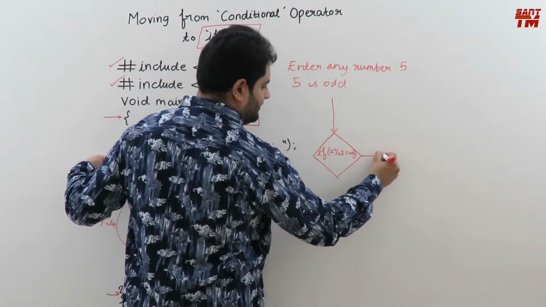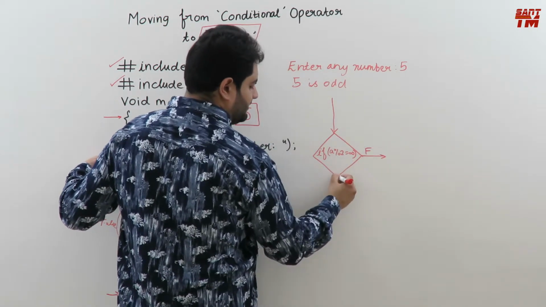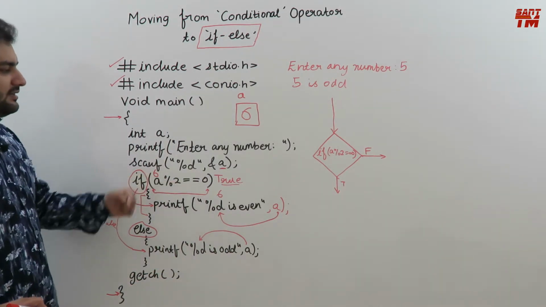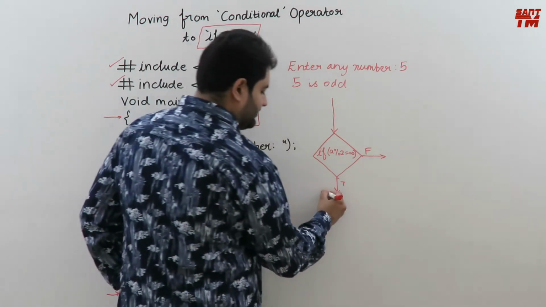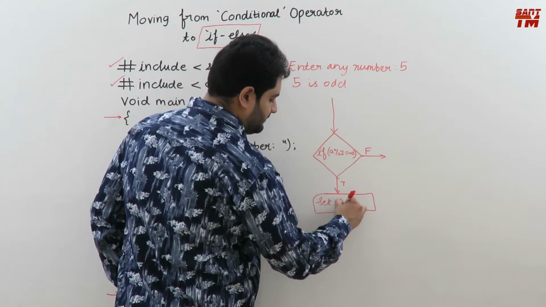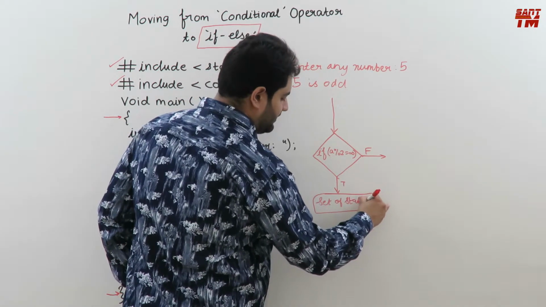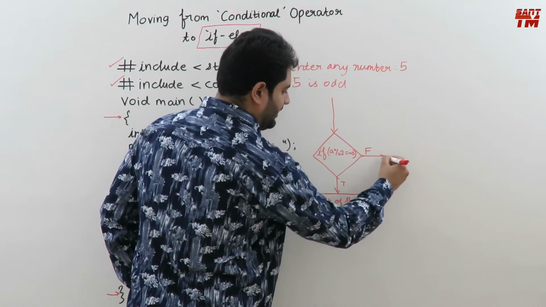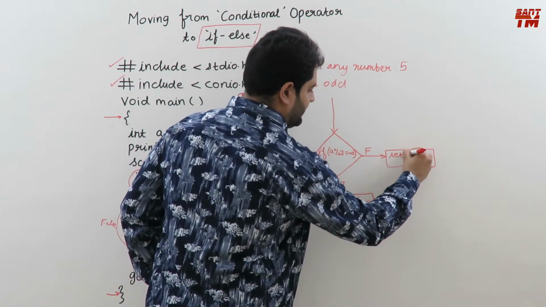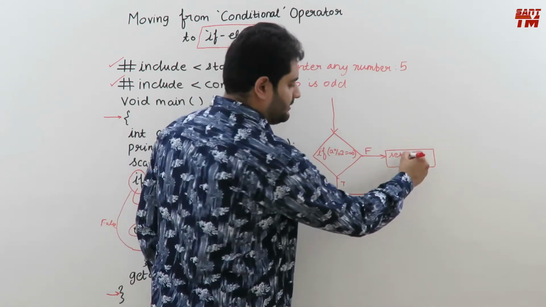Now this condition can be false or this condition can be true. I have two paths to follow. If the condition is true, I will execute some set of statements, and if the condition is false, I will execute another set of statements that is associated with the else part.